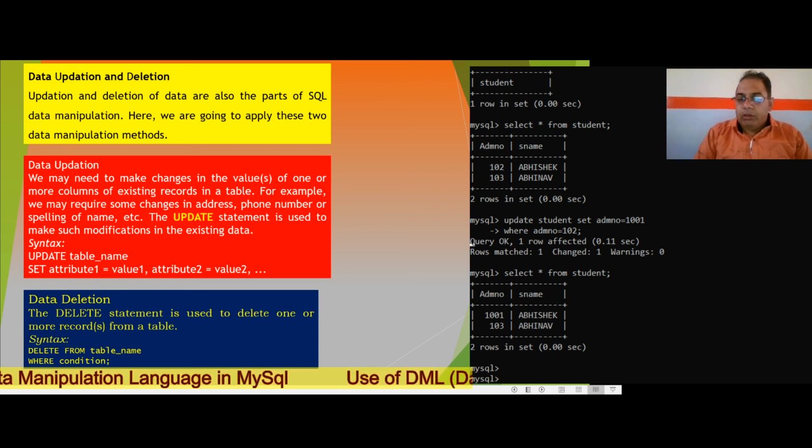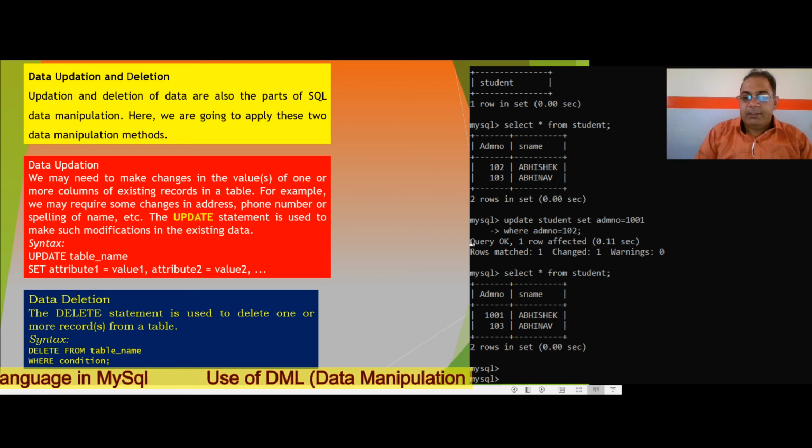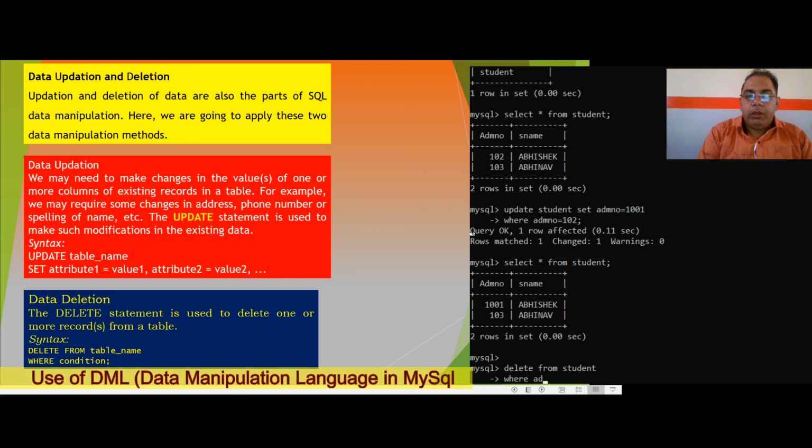For the same, we just write down delete from student where admission number equal to 103.